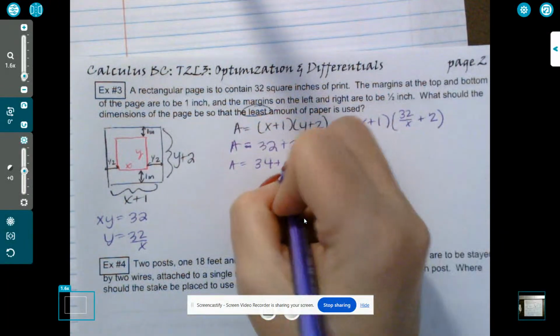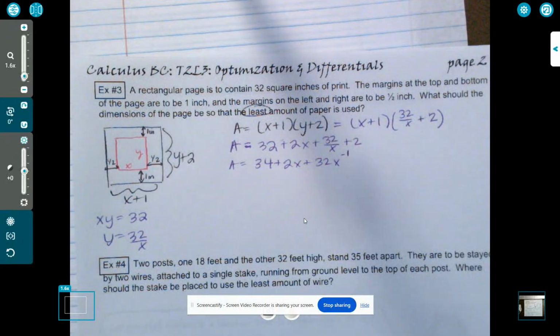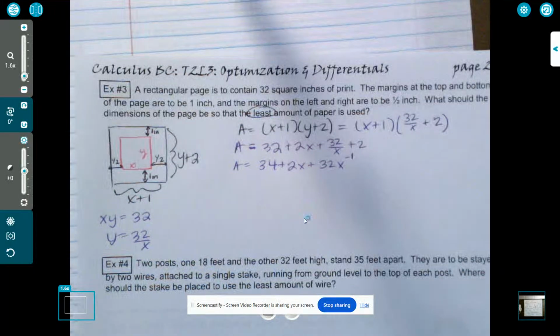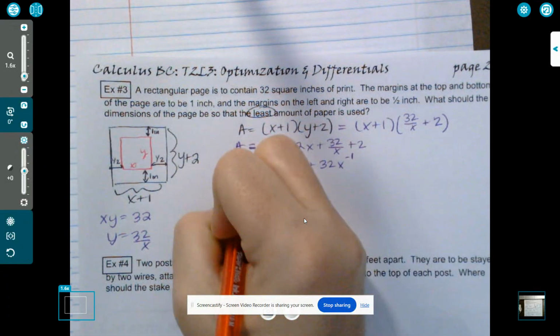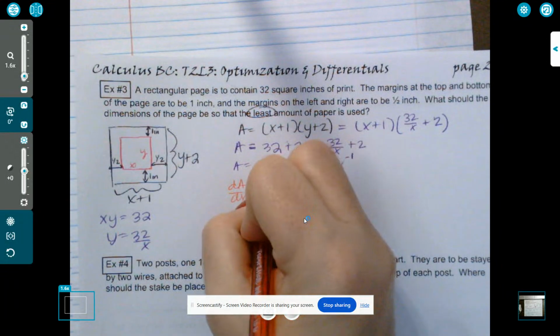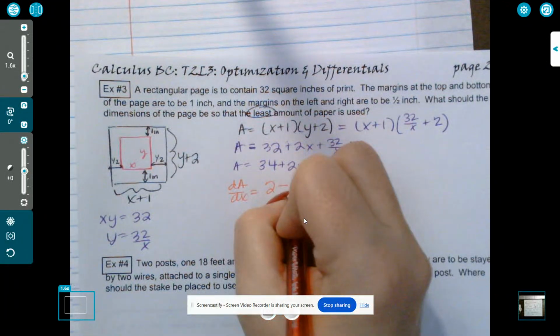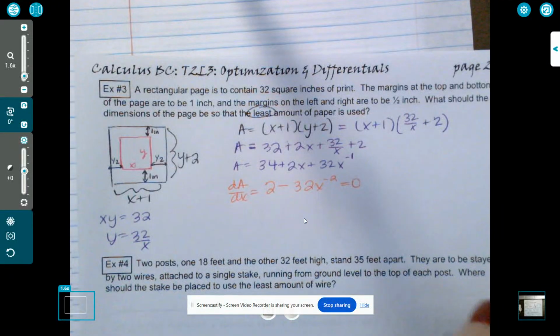That's going to be 2X plus 32X to the negative 1, plus 34. Now it's easier to take the derivative from here. So that goes away. We get 2 minus 32X to the negative 2, and we want to know where that is equal to 0.